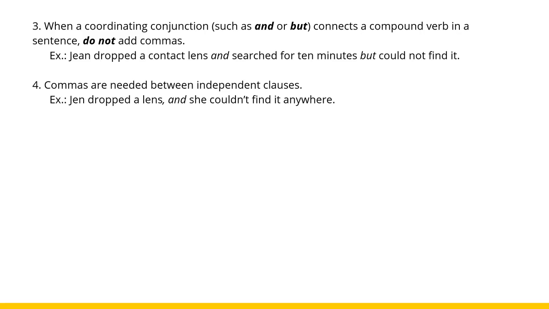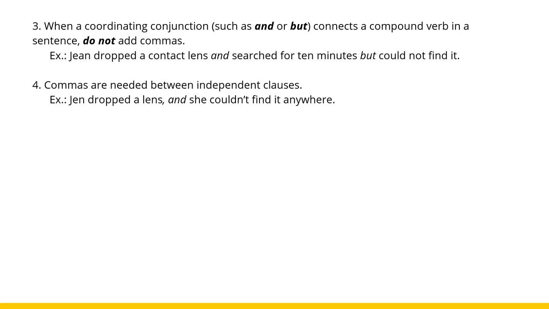And the last way of using commas is when we have 2 independent clauses, or in other words 2 simple sentences. So for example, Jen dropped the lens, comma, and she couldn't find it anywhere. In that case, do you see how we have two complete sentences? Jen dropped a lens. The sentence is okay by itself, that's why we call it an independent clause.